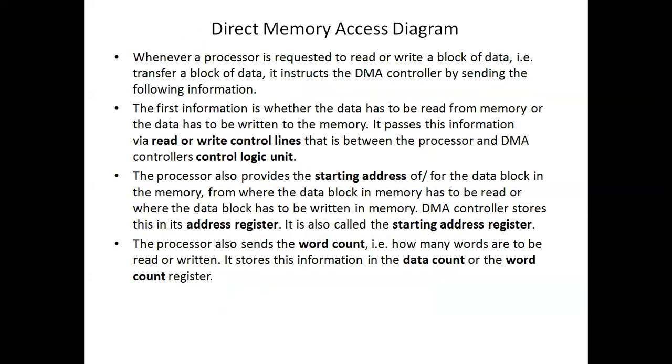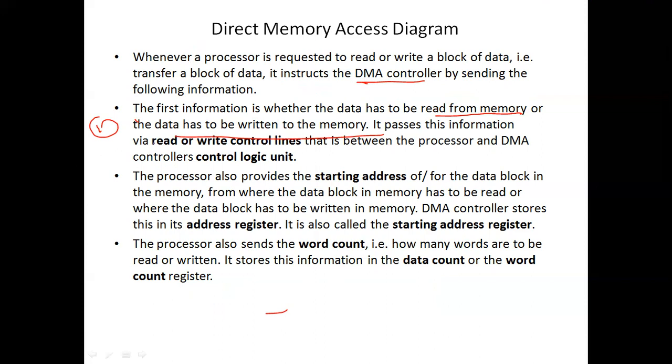So this is the working. Whenever a processor is requested to read or write a block of data, it instructs the DMA controller by sending the following information. First of all, whether the data has to be read from the memory or written into the memory, that information is going to be sent. Through which lines?